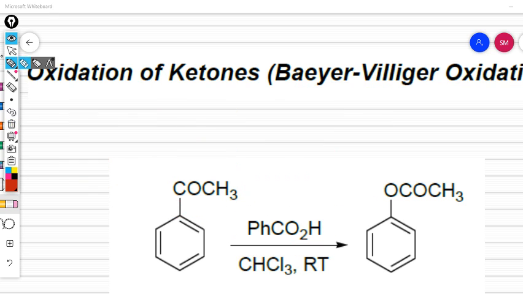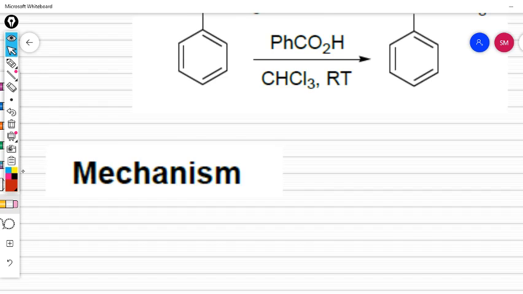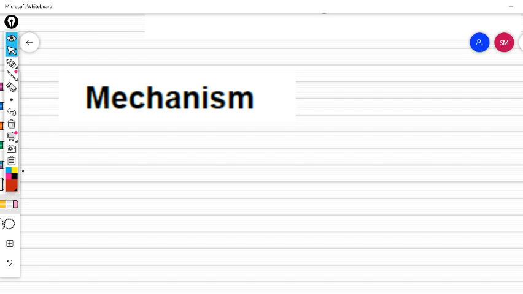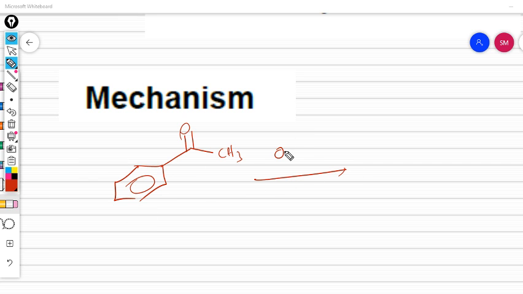Now we are going to see further details of the Baeyer-Villiger oxidation, and the mechanism. Let's say I'm taking the same example, and it is treated with the peracid. Anyhow, it is an acid, so it will release the ion H plus.